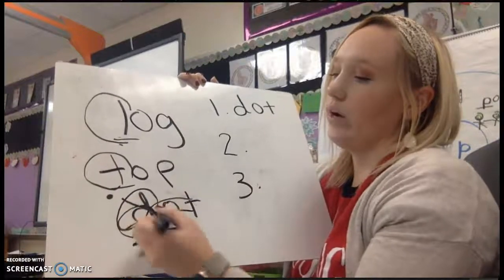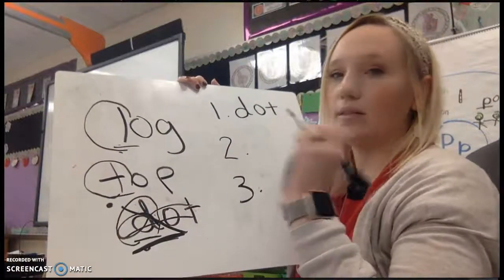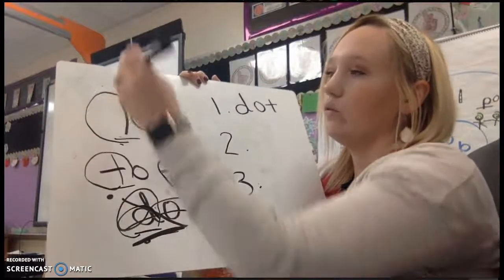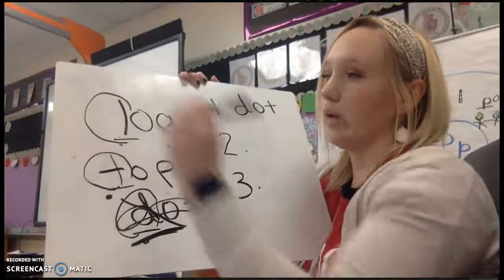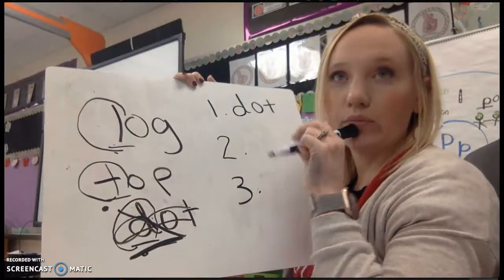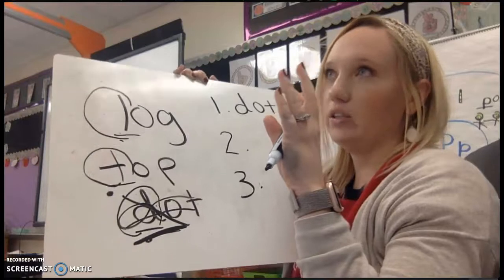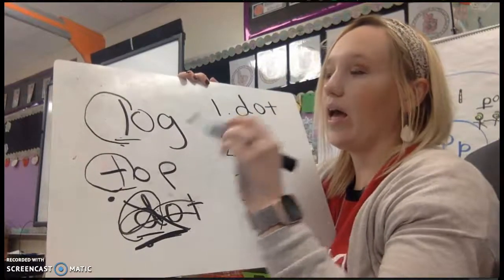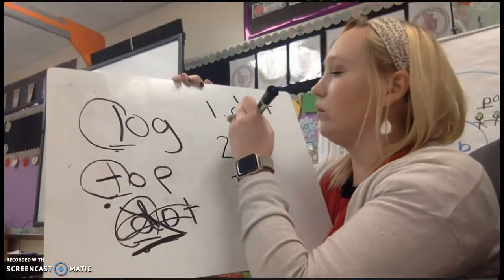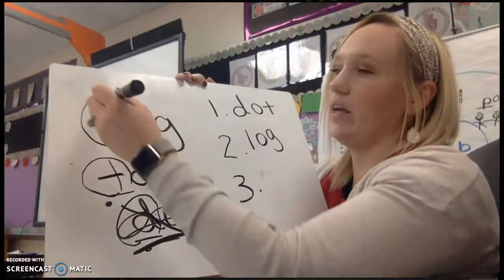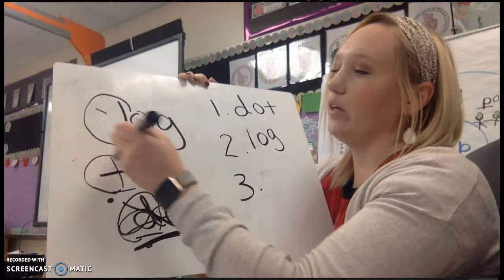Now what letter comes next? Out of T and L, which letter would go next? A, B, C, D, E, F, G, H, I, J, K, L. So L would be my number 2 word because it comes next in the alphabet, and my word here is log.